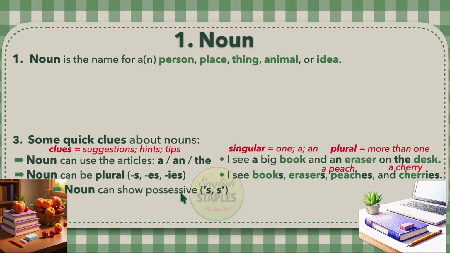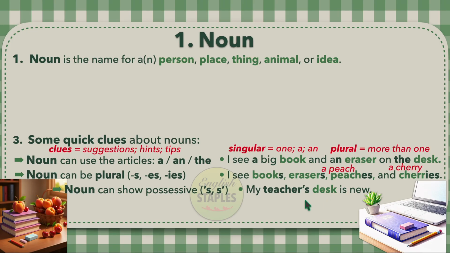Nouns can show possessive, either apostrophe and S, or S and apostrophe. For example, my teacher's desk is new. This is one teacher, and her desk is new. She possesses the desk.